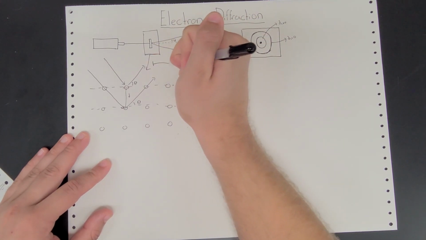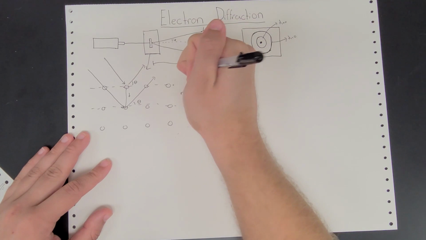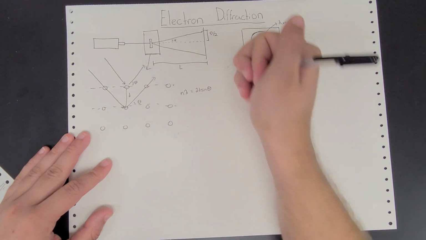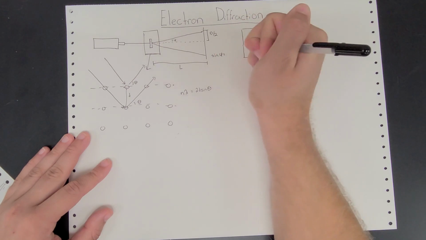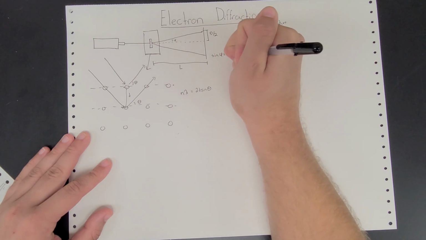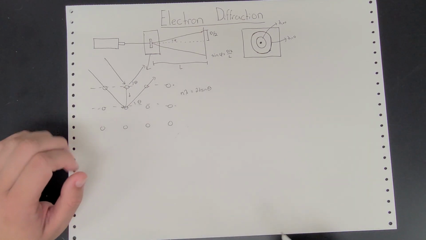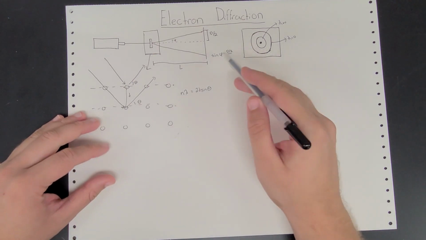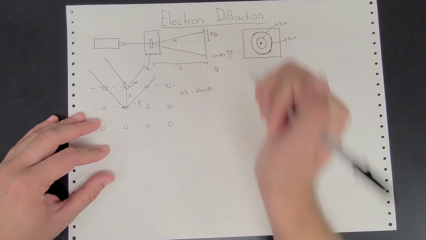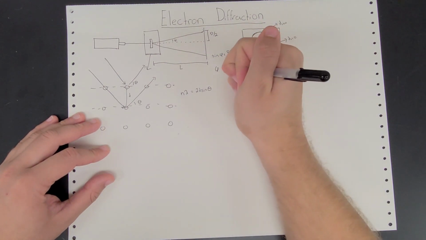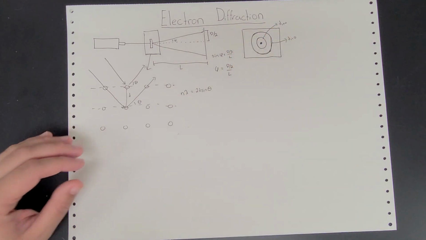The length from our viewing screen to our sample we're going to call L. So we can say that the sine of phi is equal to D over 2 over L. Now we're going to do what's called a small angle approximation. If phi is very small, instead of writing sine of phi we can just approximate it as phi, and that's equal to D over 2 over L.